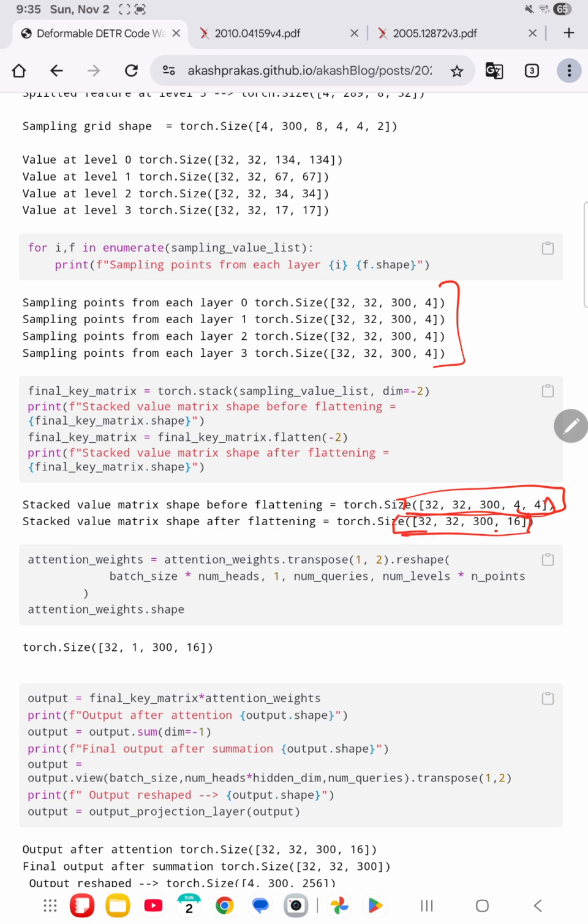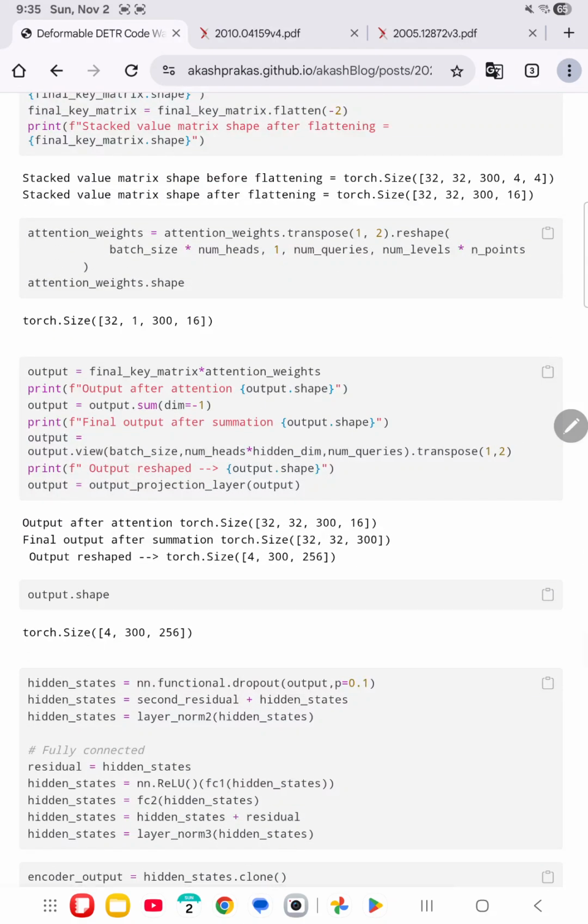And now this was our attention weight. So for each of the query points, we multiply by this attention weight, which gives us the multiplied one, and then we have to sum it up, right?